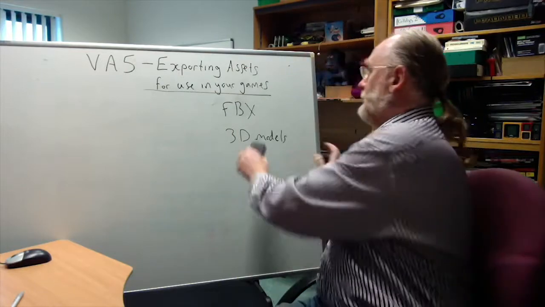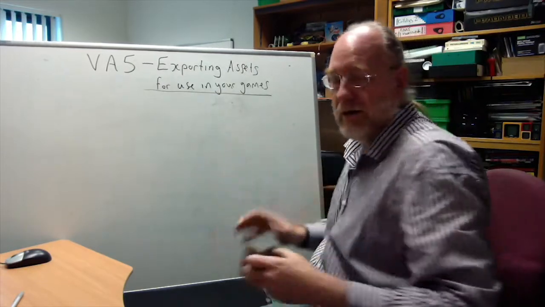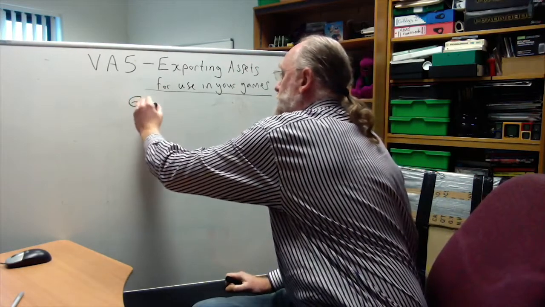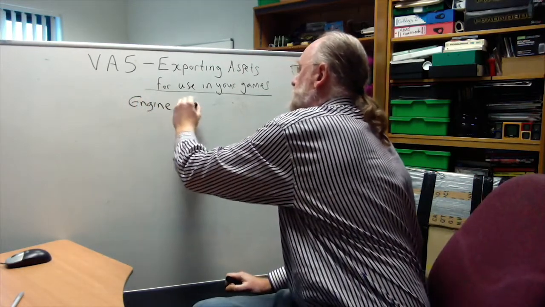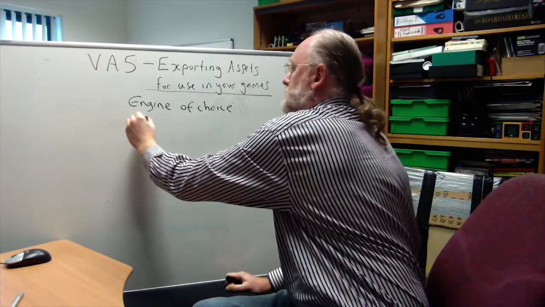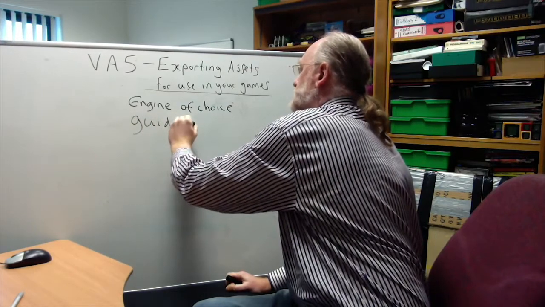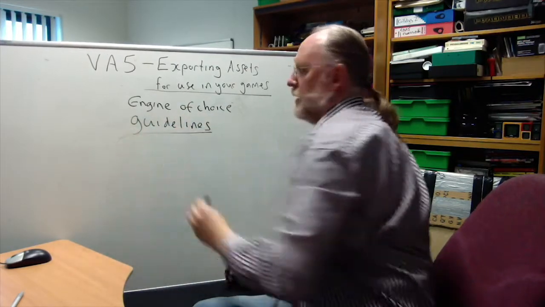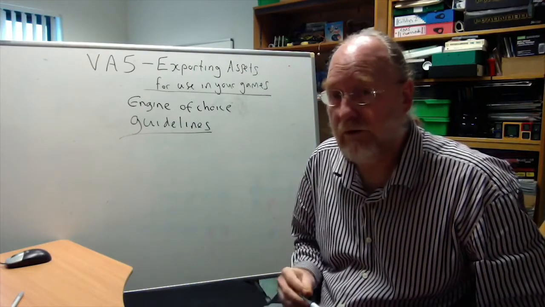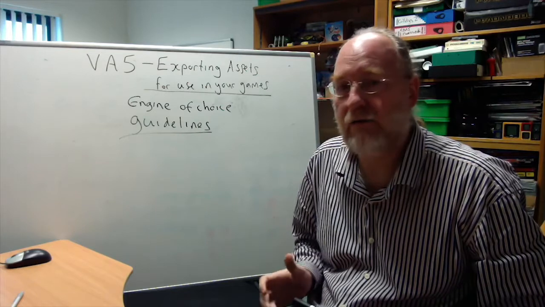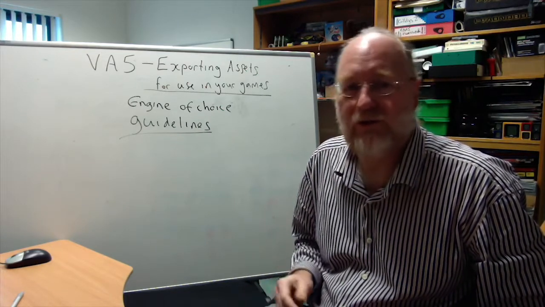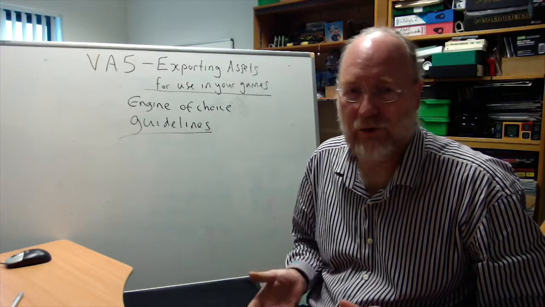So the most important thing is, for the engine that you've chosen, look for the guidelines. Now, I know Unity and Unreal, Epic Games, and a variety of other game engine sites have really good guidelines or tips, tutorials, etc. on how to create art assets for those games.